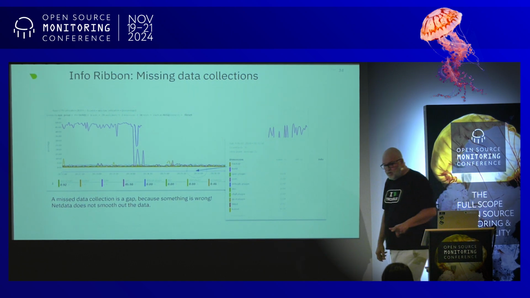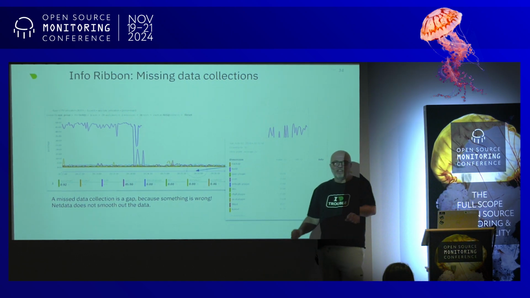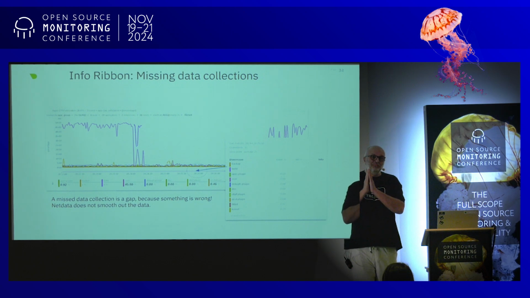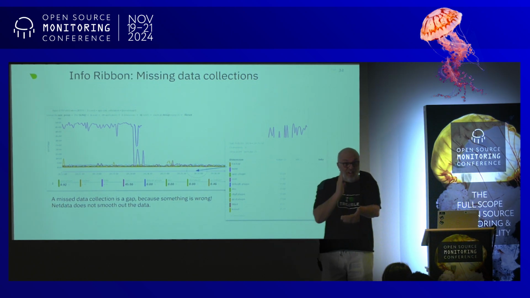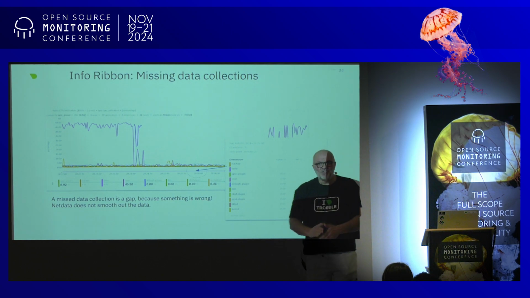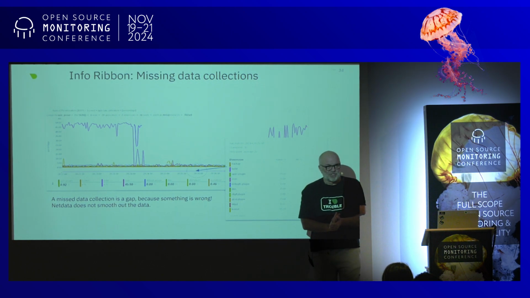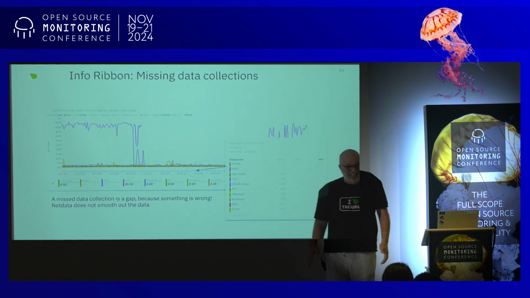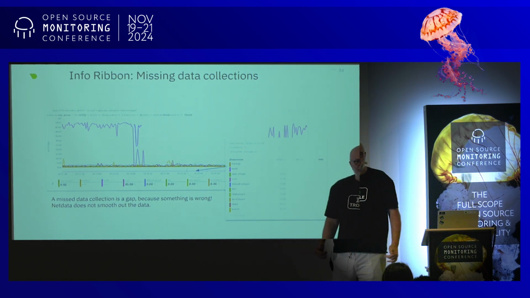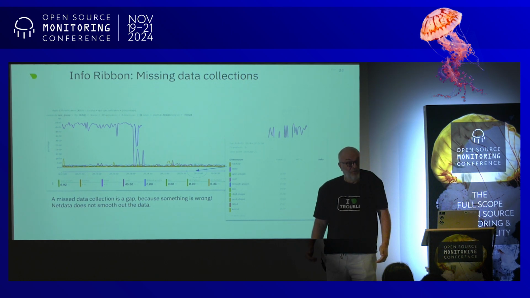The info ribbon is for you to understand if data are missing. Now, this is one important thing about Netdata. Netdata works on a beat, every second, on a beat. It runs with the lowest priority on your systems. So what happens when it misses a beat? That's a big deal. If Netdata misses a beat, your infrastructure has a problem, for sure.